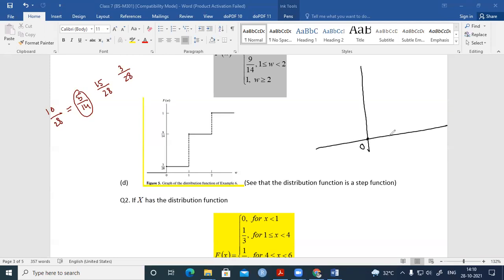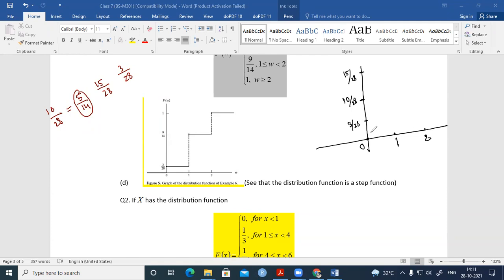This is your 0, this is your 1, and this is your 2, and this point is 10 by 28, this point is 15 by 28, and this point is 3 by 28.